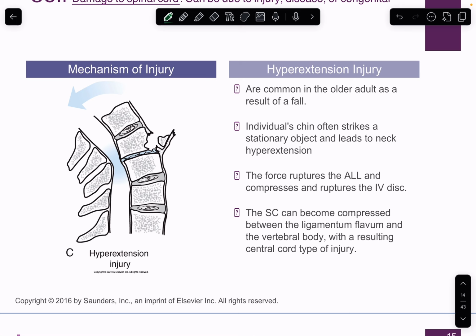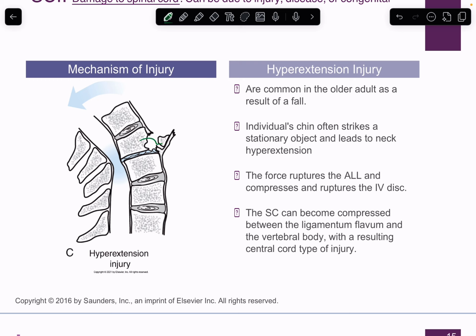Another injury is the hyperextension injury, and this is common in the older adult as a result of a fall going backwards. The individual's chin often strikes a stationary object and leads to neck hyperextension. The force ruptures the ALL, the anterior longitudinal ligament, and compresses the IV disc.